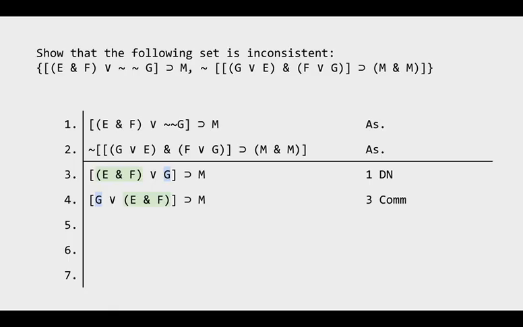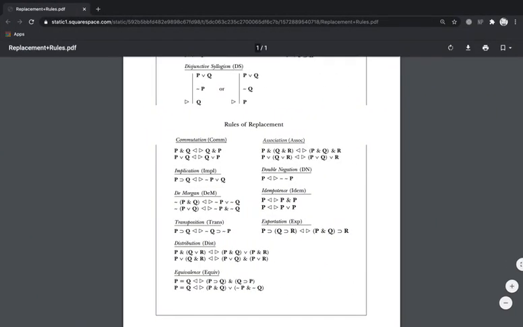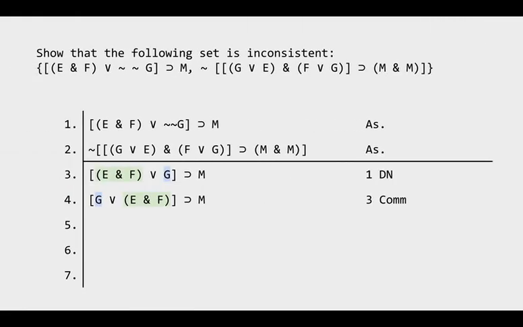That's called commutation, by the way. Fantastic rule. Commutation allows you to move around either the conjuncts or the disjuncts in a sentence. Association allows you to move parentheses around, so that's also very valuable to know. So that's what I did in line 4, commutation from line 3.